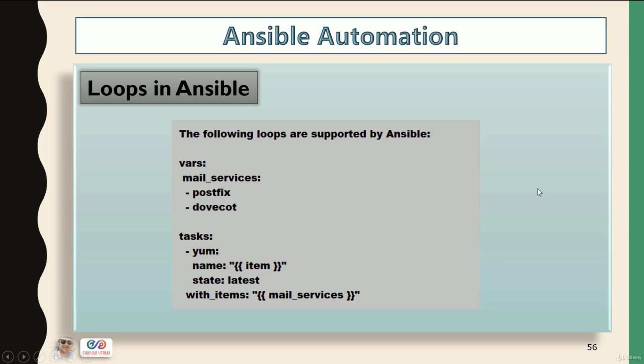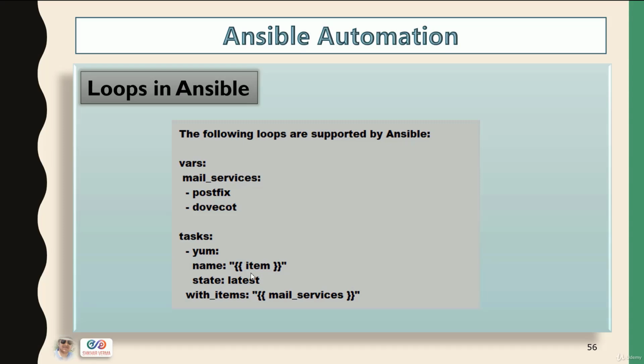So at the start of your playbook you can define the variables, and this is the name of your variable, that is mail_services, and the 2 values for this variable, one is your postfix, another one is your dovecot. And here I have used yum name item, and in the item this is the variable.